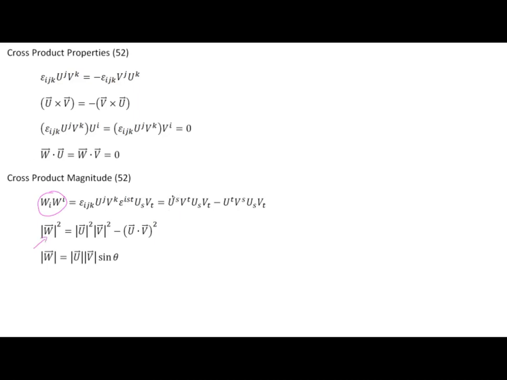Over here we've got this factor combined with this one, which produces the square of the magnitude of vector u, and these two terms together form the square of the magnitude of vector v. In the second expression, these two factors together are the dot product of u and v, and these two factors together are also the dot product of u and v. So that gives us the dot product of u and v squared. And finally, the definition of the dot product itself, combined with a simple trig identity, led us to this very concise result.